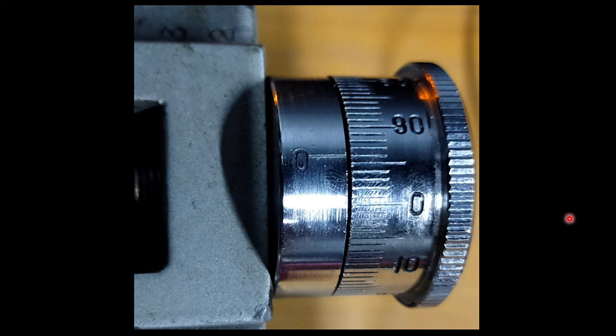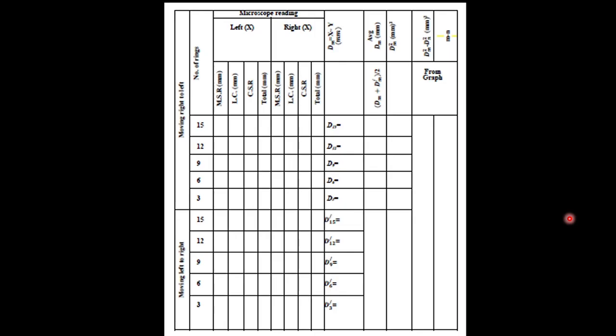So now we have all the data to fill up this table, and from this table you will find out the diameters of various rings, that is 3rd, 6th, 9th, 12th and 15th rings.